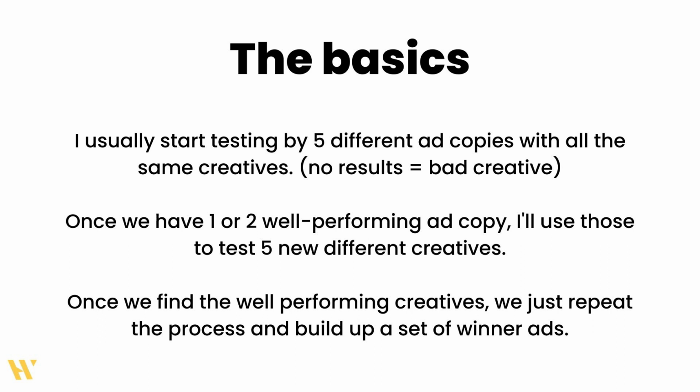Once I have one or two well performing ad copies, I use those and set up a creative testing campaign with at least 5 different creatives. And then we just repeat the process. Once we have a few winning creatives, I do another ad copy testing and just build up a base of winner ads. Don't worry, in the following slides, I'll show some examples.